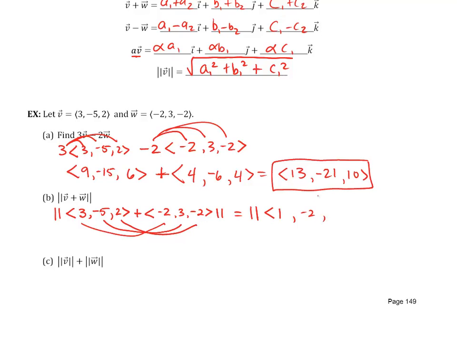And then 2 plus -2 is 0. And the magnitude of that would be the square root of the components squared and added together. So 1 squared plus -2 squared plus 0 squared, which is the square root of 1 plus 4, or the square root of 5.